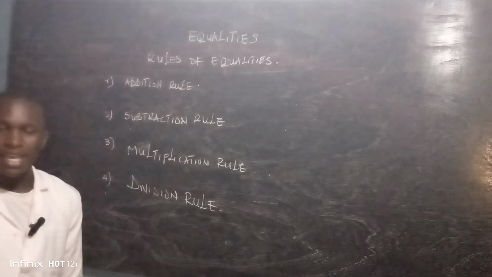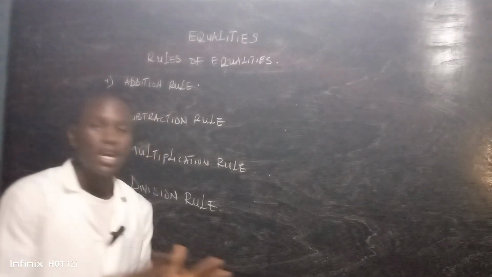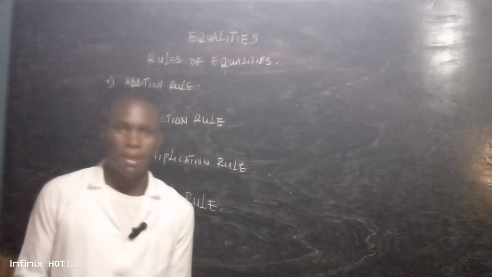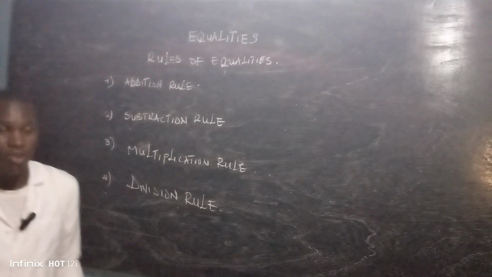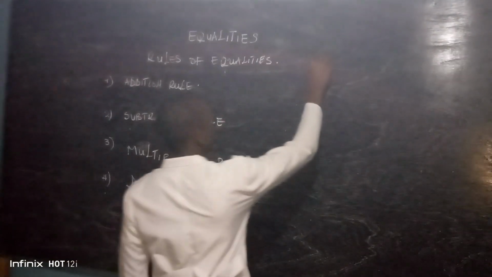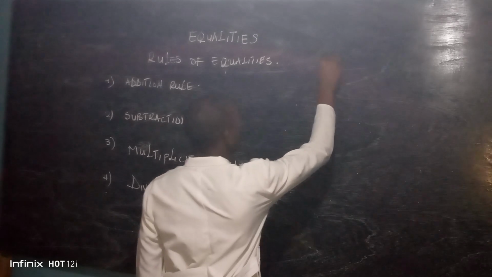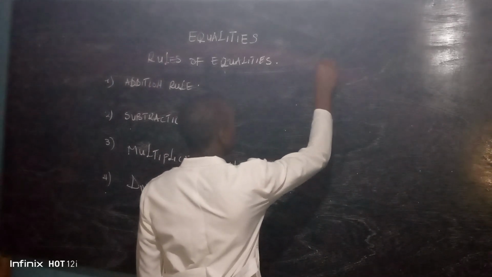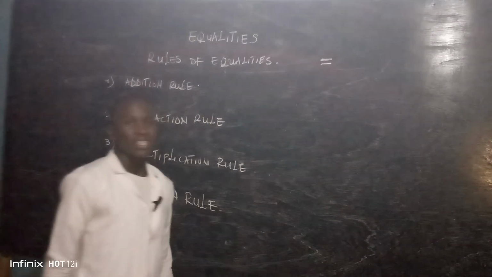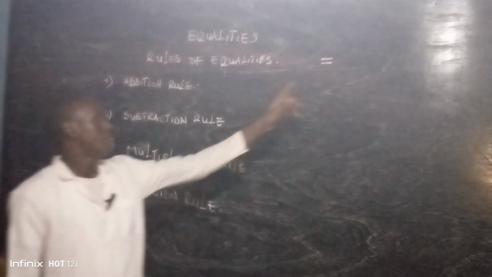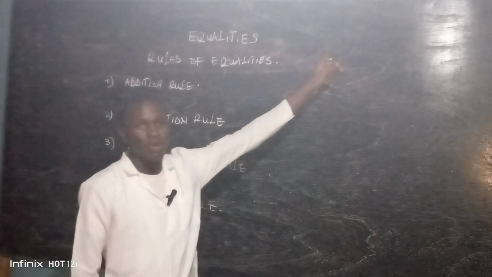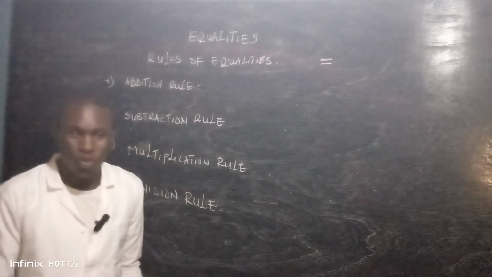Equalities. What are equalities? Equalities are basically mathematical statements that contain the equal to sign. Any mathematical statement with the equal to sign is an equality.